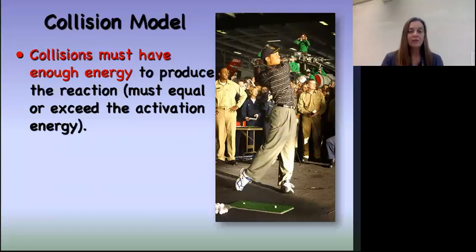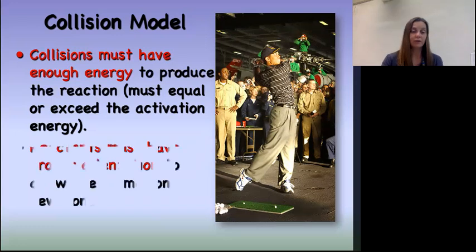And activation energy is the energy that's required to get a reaction started. So whether a reaction is endothermic, meaning it requires energy, or exothermic, meaning it gives off energy, there's always some activation energy that has to be met. And so the collisions have to have enough energy to exceed that activation energy.